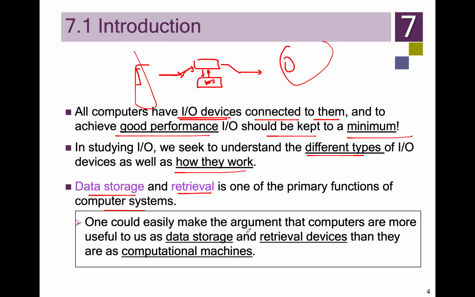So these are the 5 big important things for the model of I/O configuration. You will need to memorize these 5 important elements in the input output configuration.